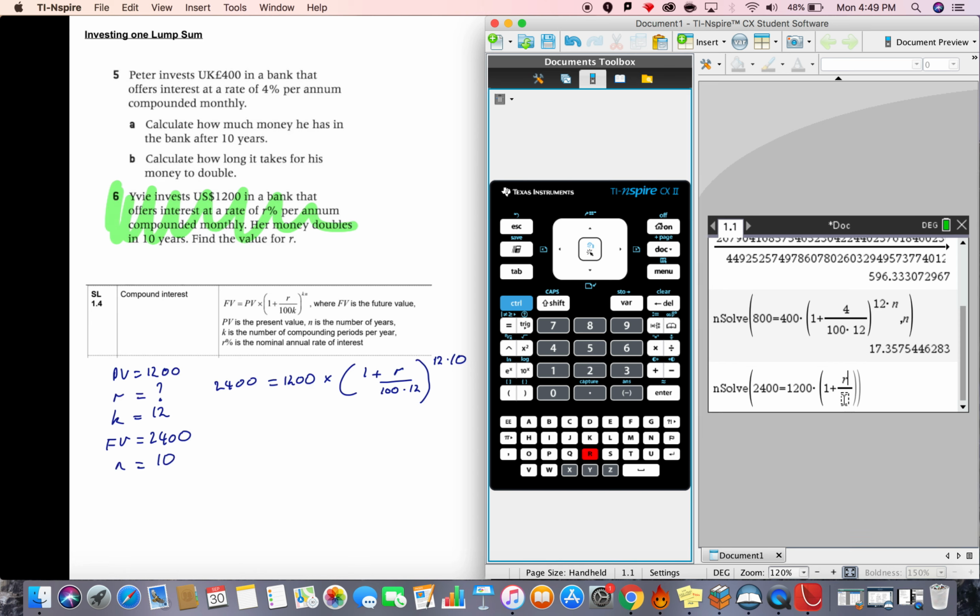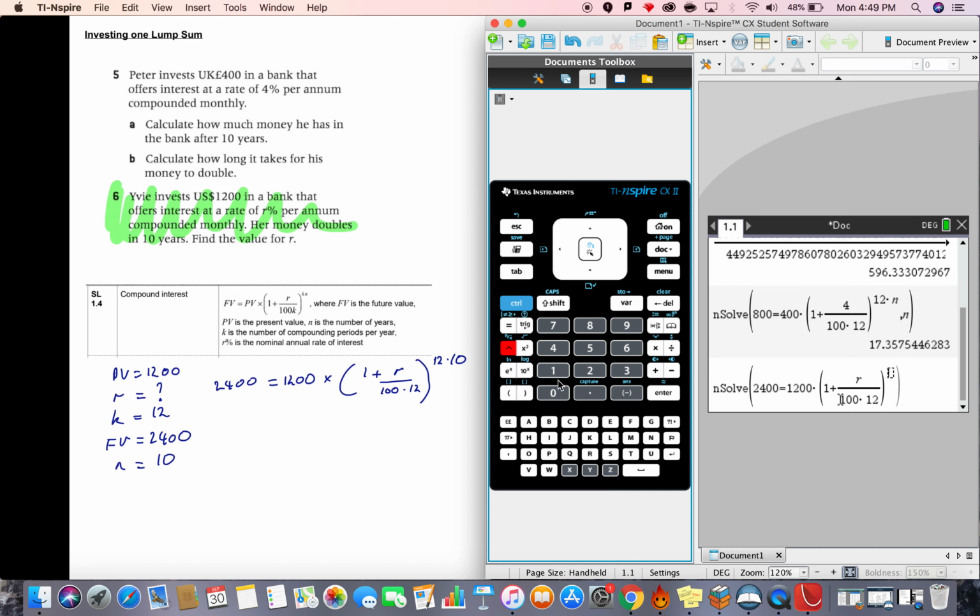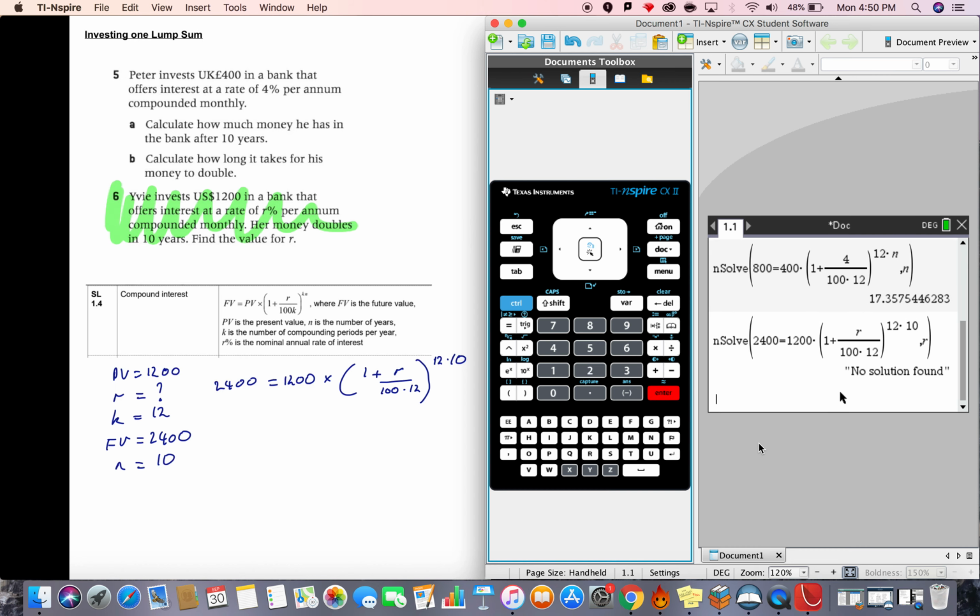R divided by 100 times 12, and then that's to the power of 12 times 10, comma, with respect to variable R. Let's have a look to see if it looks okay. It looks fine, and I press enter, and it says no solution found.